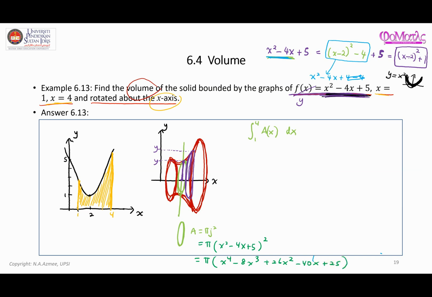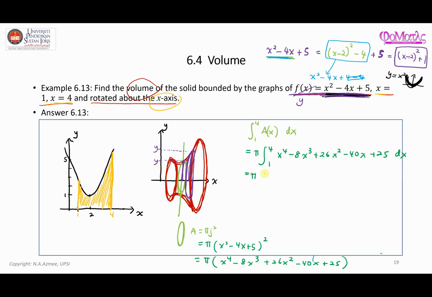So this is the formula for area, and we're going to plug it into this integral here. Let's continue with finding the integral. Pi is a constant, so you can take it out, with limits 1 and 4. Now I'm going to write down the function again: x to the power of 4 minus 8x cubed plus 26x squared minus 40x plus 25, and you integrate that with respect to x.